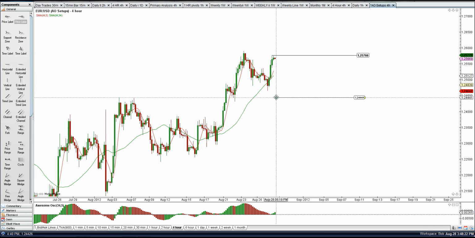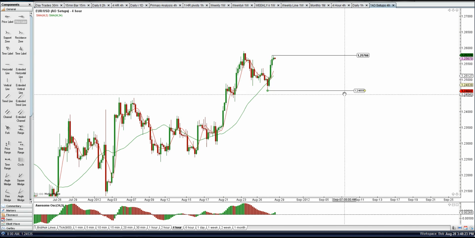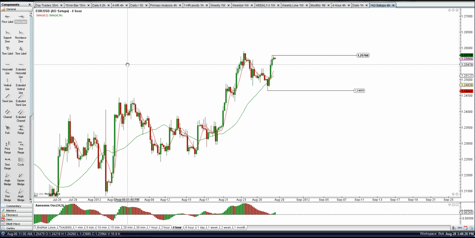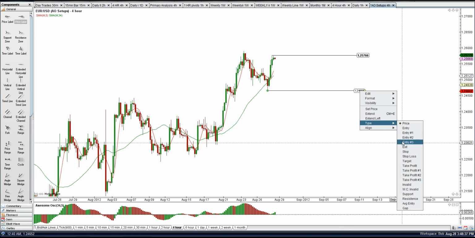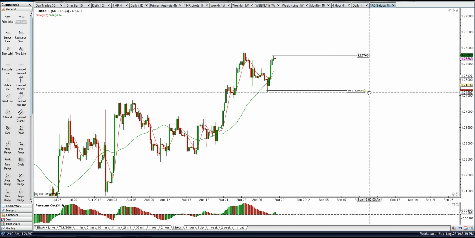Your stop would be below 24.65, and by the way, these are 4-hour charts I'm doing the setups on. I do not intend on taking this if it does close above 25.76.